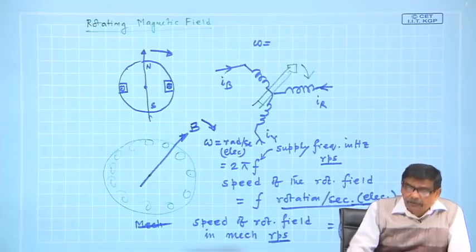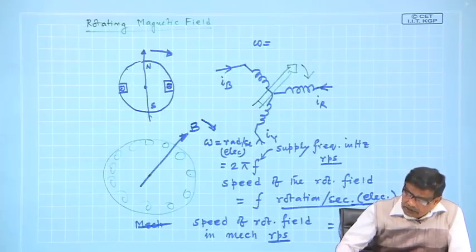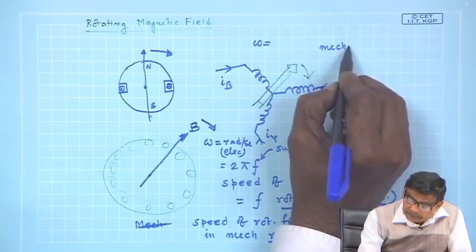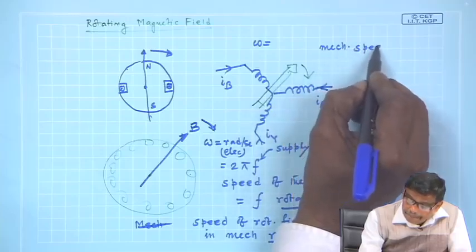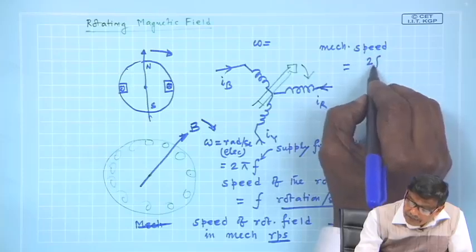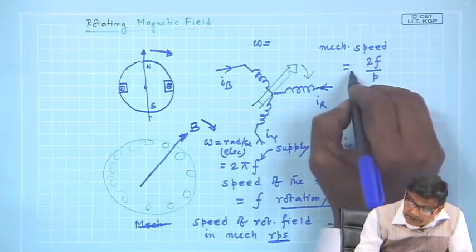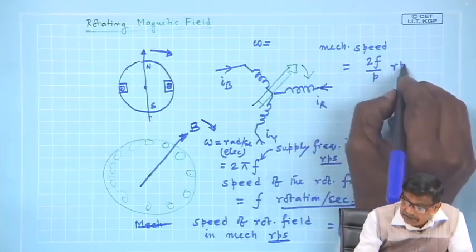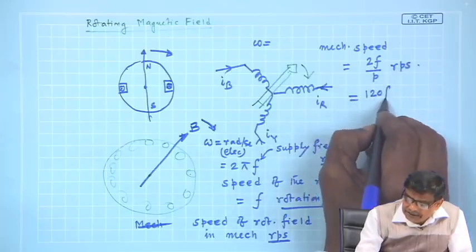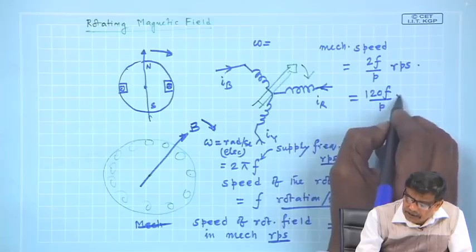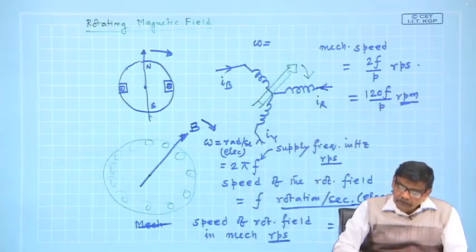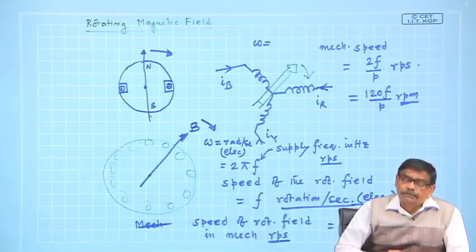The significance of s I am going to tell right now, but the mechanical speed is equal to 2 f by p, where p is the number of poles, in RPS. And some people write it like this, 120 f by p, so much RPM. This is one and the same thing, you must understand. So, this is the mechanical speed.